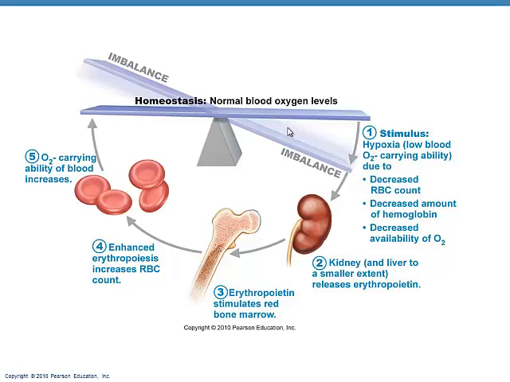There are tons of different reasons why there might be low oxygen levels in circulation. Anemia is one of them. Blood loss is one of them. There might be chemical reasons. You might be running in a marathon. All those reasons would fall into the stimulus category for low oxygen in blood.